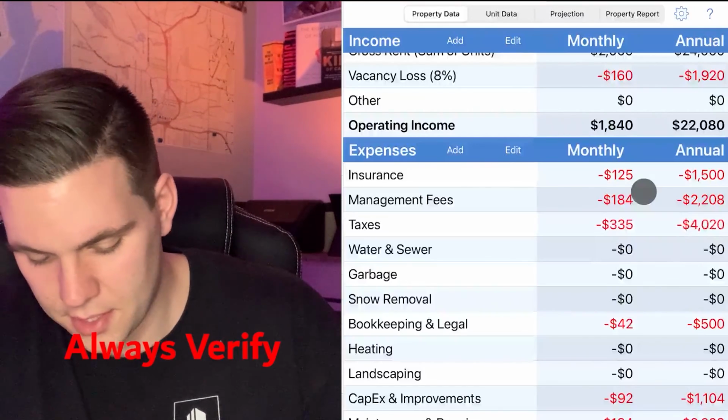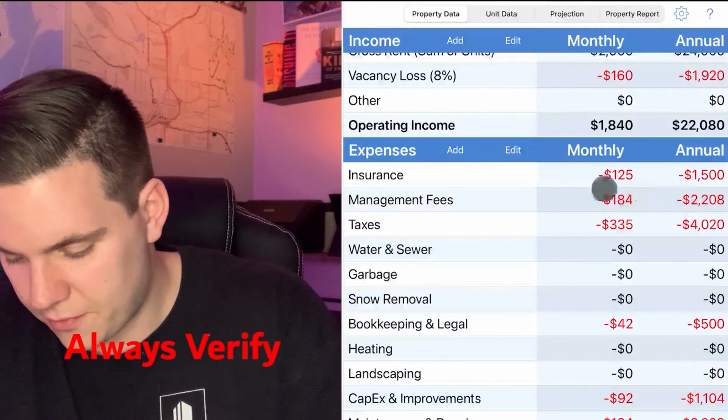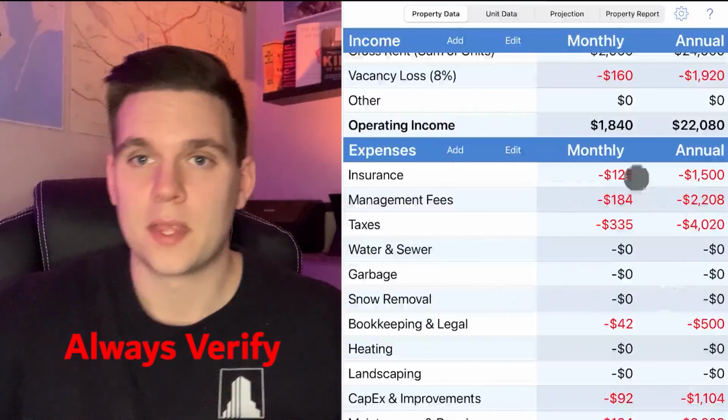Next is your property taxes. Just like I said before, always verify. This is a big one, and I've seen some investors get absolutely wiped out because they do not understand this. As an example, with property taxes in New Brunswick, whenever a verified transaction happens and the title exchanges hands, whatever the property is sold for at that last transaction value is the value at which it's assessed, and the property taxes reflect that.